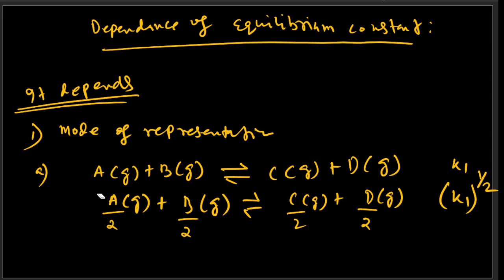So basically 1 by 2 is multiplied on every side, so K1 also gets raised to the power 1 by 2. So this is one mode of representation. If we multiply the chemical equation by a factor n, then the equilibrium constant gets raised to the power of the factor which we multiplied.